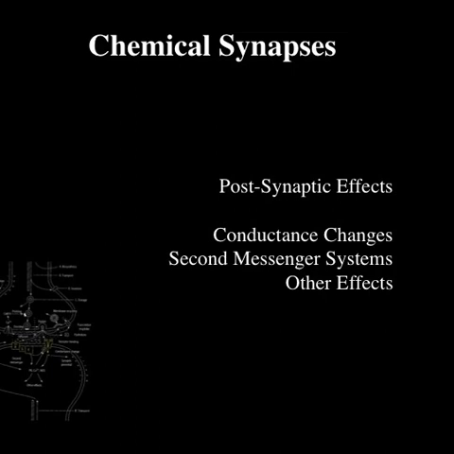We can also get second messenger systems, whereby the neurotransmitter attaches to a receptor on the postjunctional membrane and doesn't cause an electrical change, but causes second messengers, usually G proteins, to be released into the postjunctional membrane, and those can have all sorts of effects within the postsynaptic cell.